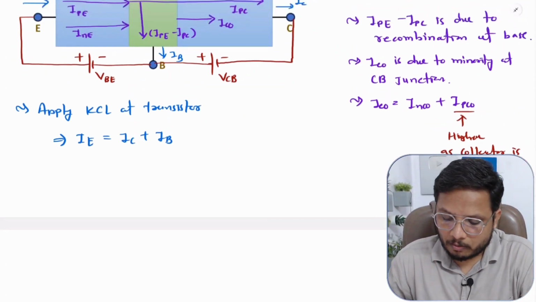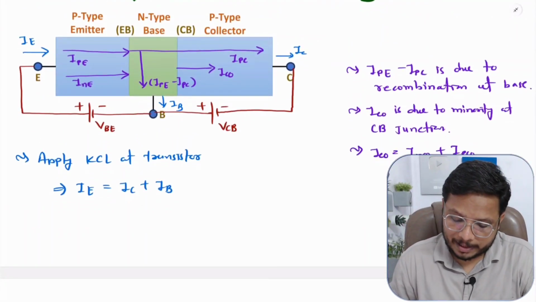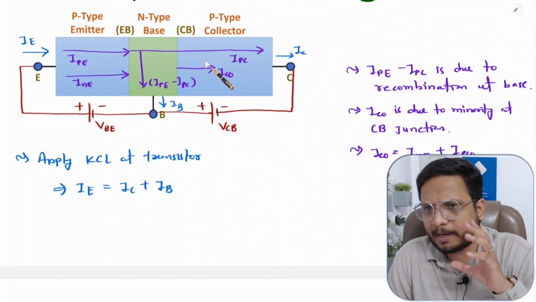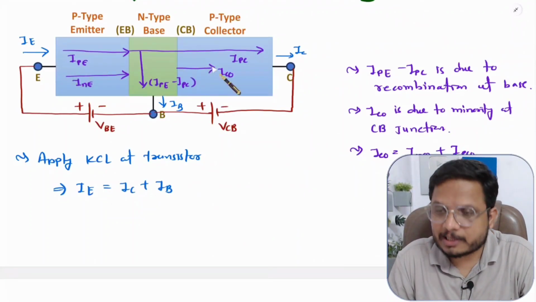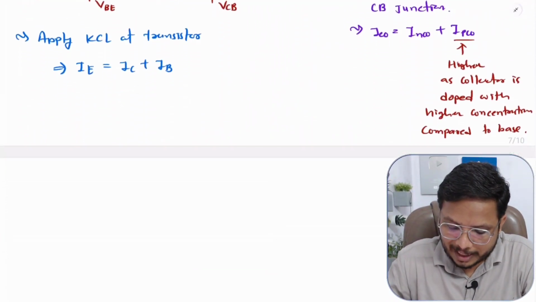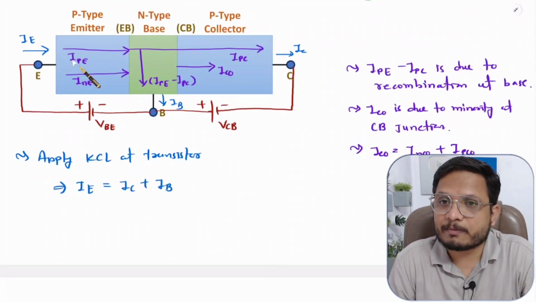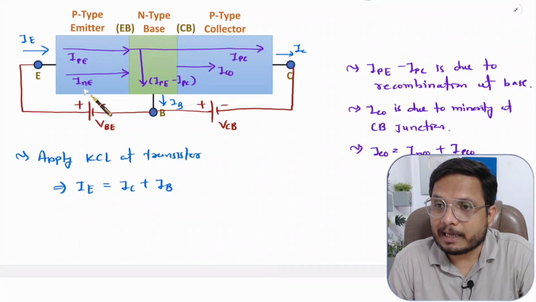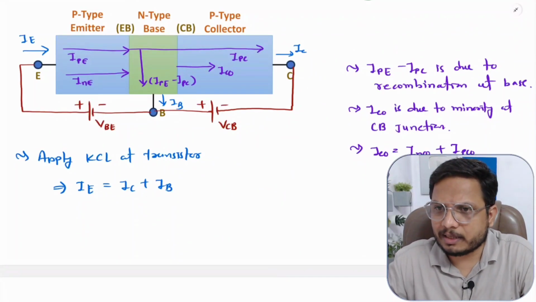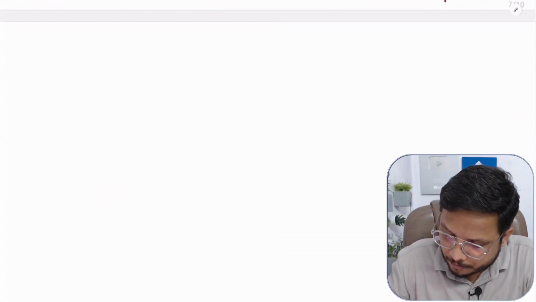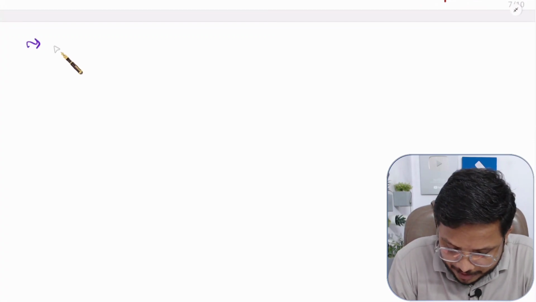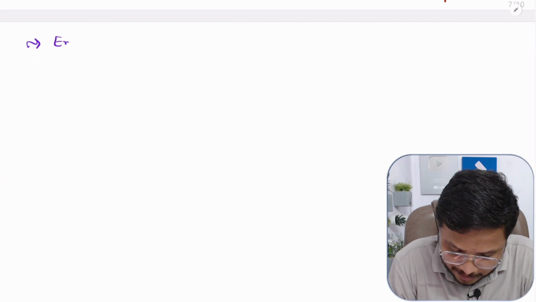Now what I'm going to do is explain this emitter current, base current and collector current separately, as per the explanation which I have given. So let me note that down. How much emitter current is flowing? IPE plus INE, right? And that is happening due to injection, that you should know. So here we have emitter current first.